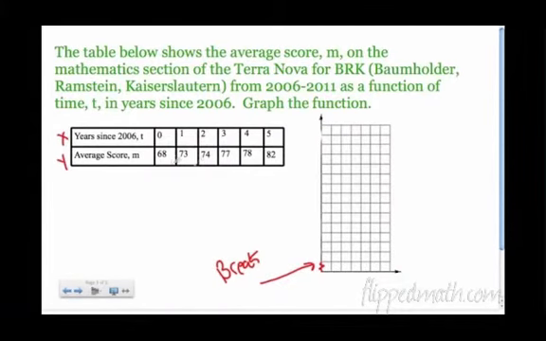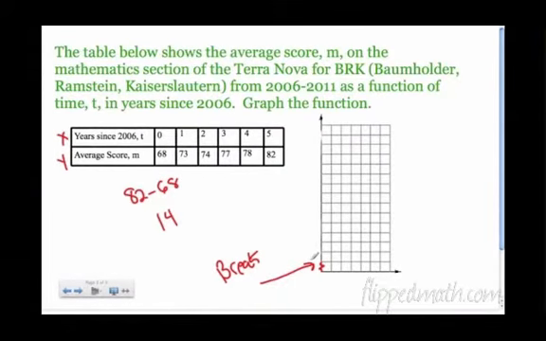I have from 68 to 82, so I have 15 lines. Well, 82 minus 68 is 14. So I have 15 lines.